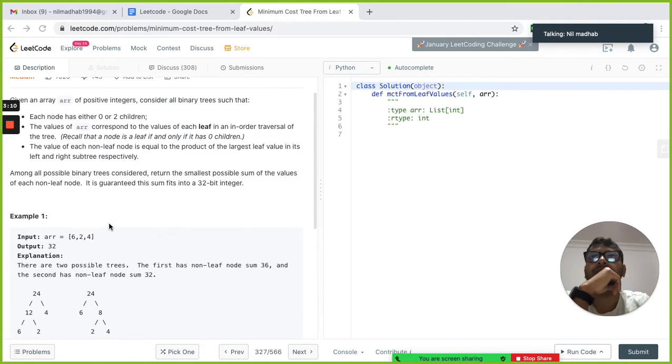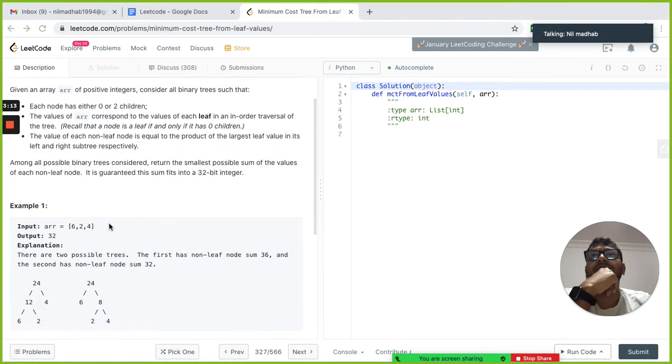The value of each non-leaf node is equal to the product of the largest leaf value in its left and right subtree respectively. The value of each non-leaf node, suppose 12, is equal to the product of the largest leaf value in its left and right subtree respectively.